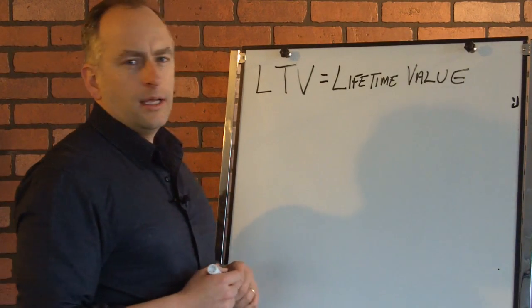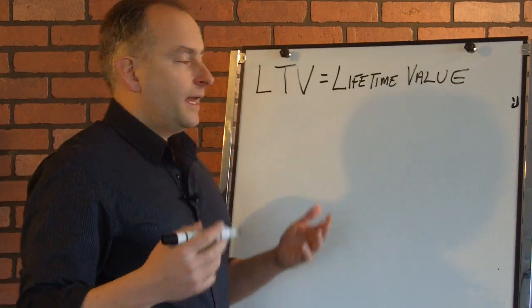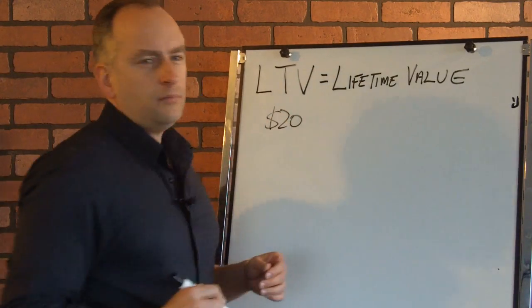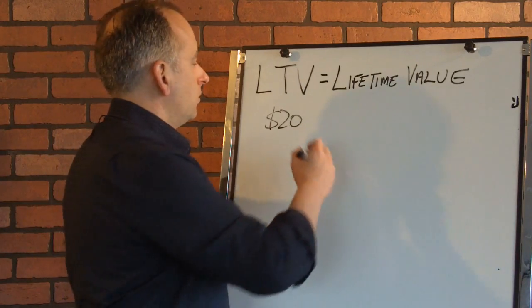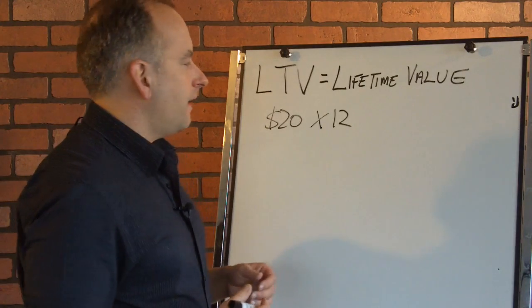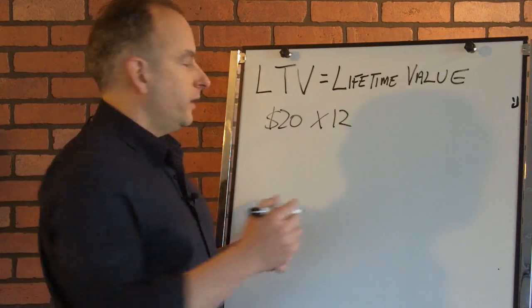So for example, let's keep it simple. Let's say you're a barber and you're charging $20 for your haircuts. And your client comes in once a month, so that would be 12 times a year, right? And on average, you figure out that your clients stick with you for 4 years.